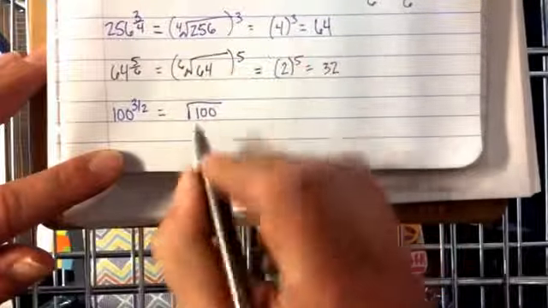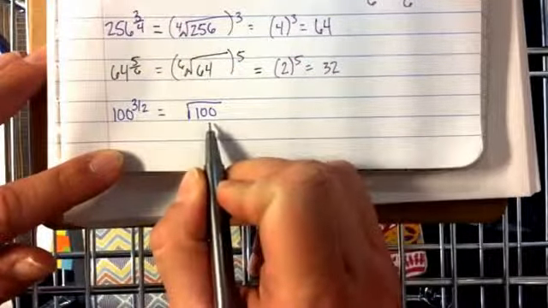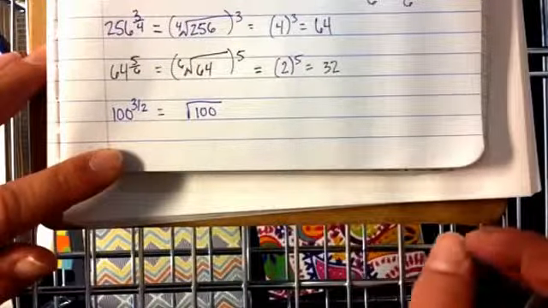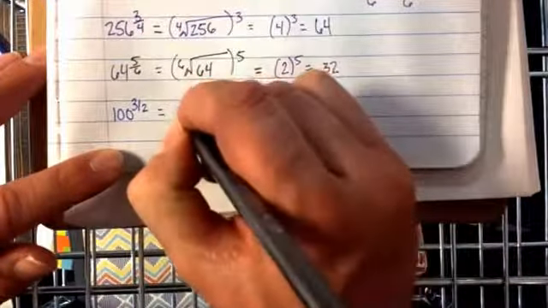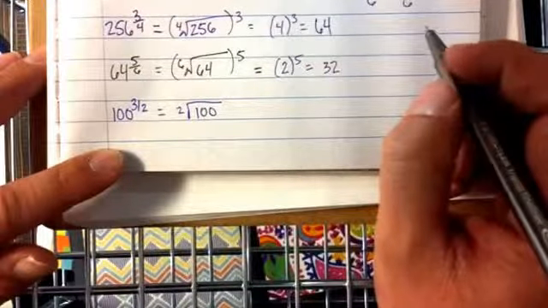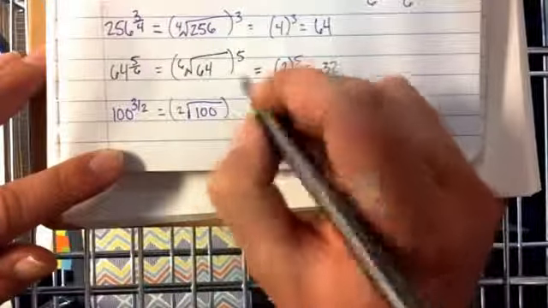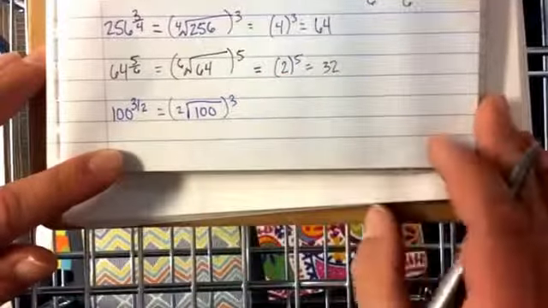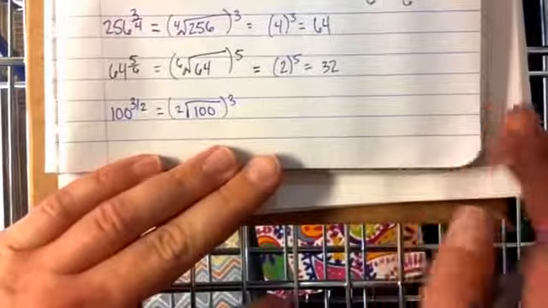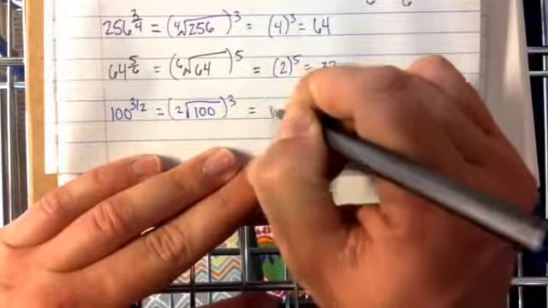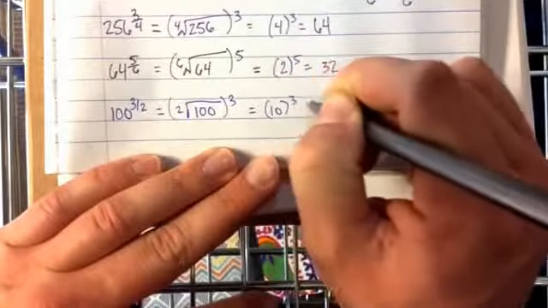What is that term called right here? The radicand. Index is 2. So the square root of 100 is 10. And 10 cubed is 1,000.